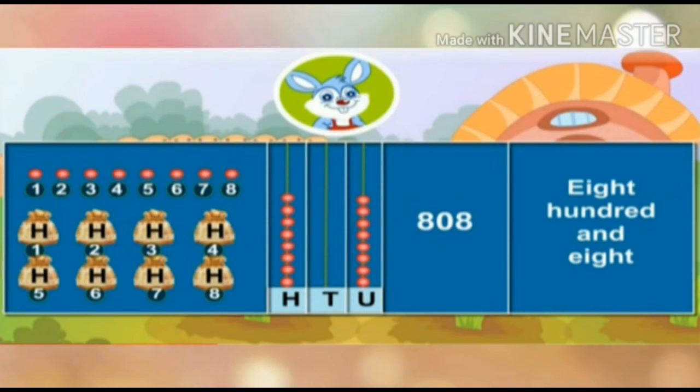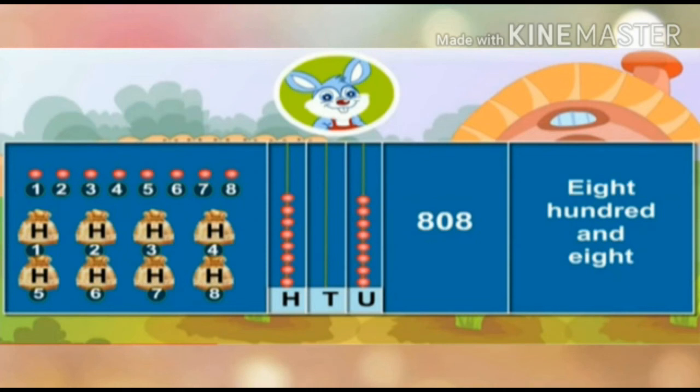We have units first, so we will count the extra beads first. 1, 2, 3, 4, 5, 6, 7, 8, which means 8 units. There are no tens. Let us count the hundreds. 1, 2, 3, 4, 5, 6, 7, 8. 8 hundreds.